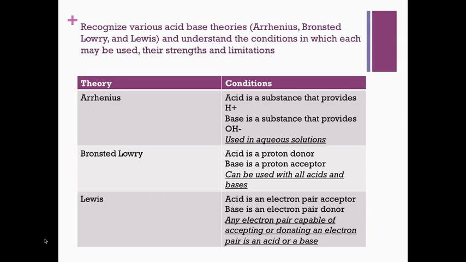Lewis is the most recent definition of an acid or a base, and that says that an acid is an electron pair acceptor and a base is an electron pair donor. So that means any electron pair capable of accepting or donating an electron pair is an acid or a base. Probably the most comprehensive theory of what an acid or a base might be.